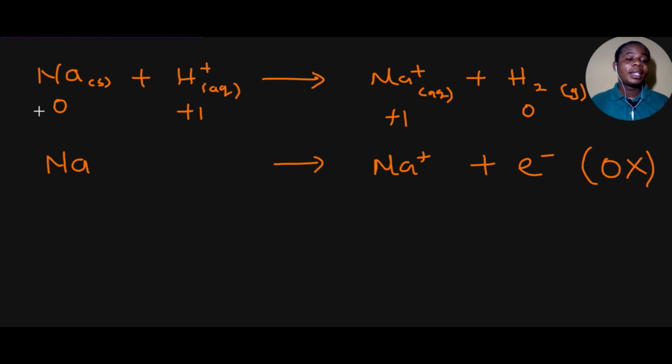Then I will write the ionic equation. Do not forget, hydrogen is diatomic. So because of this, there will be an effect in the coefficient of the ion, this hydrogen, and also the electron.